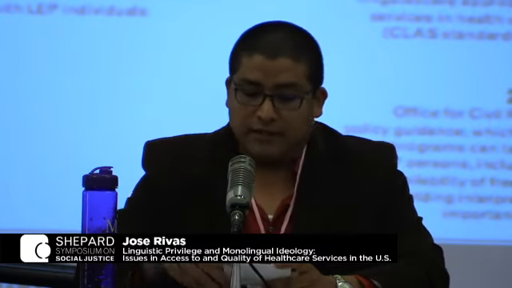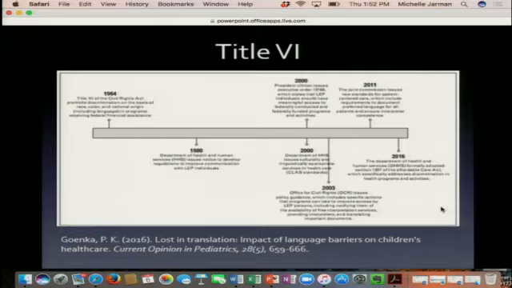So then finally, you fast forward to 2016, and the Department of Health Services adopted Section 1557 of the ACA, the federal Affordable Care Act, specifically addressing discrimination in health programs and activities. So kind of really establishing and zeroing in on all the provisions that have been created since 1964.